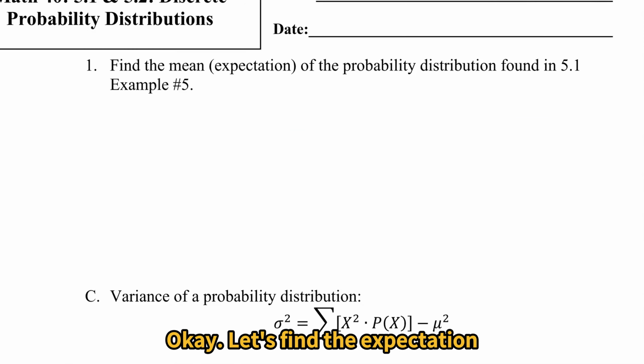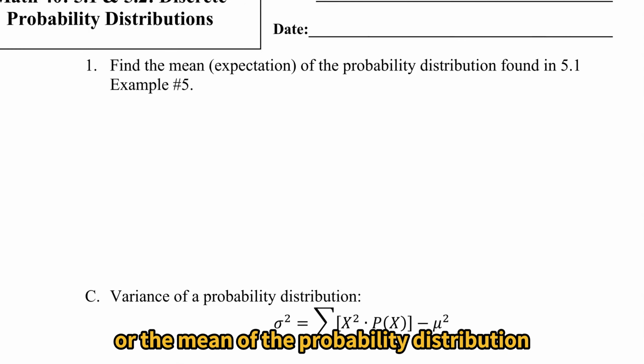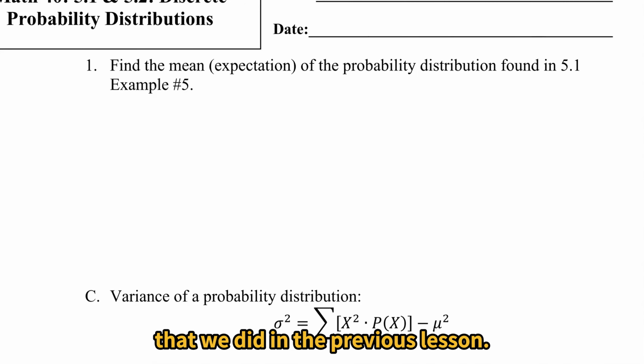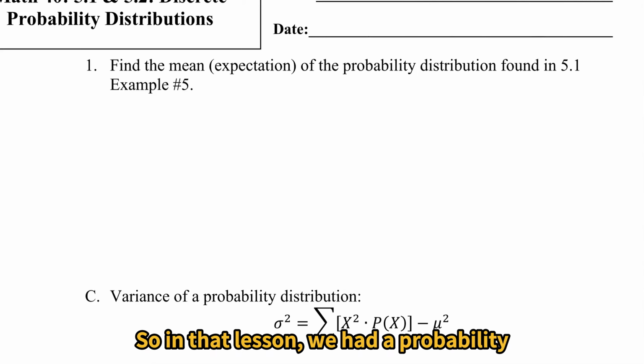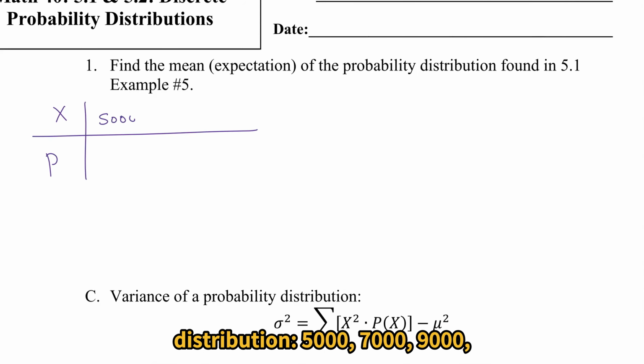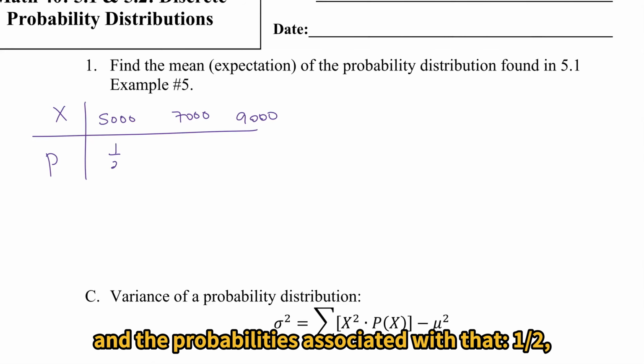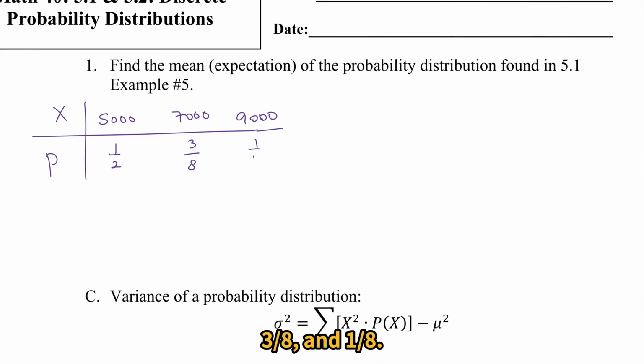Okay, let's find the expectation or the mean of the probability distribution that we did in the previous lesson. So in that lesson, we had a probability distribution, 5,000, 7,000, 9,000, and the probabilities associated with that, 1/2, 3/8, and 1/8.